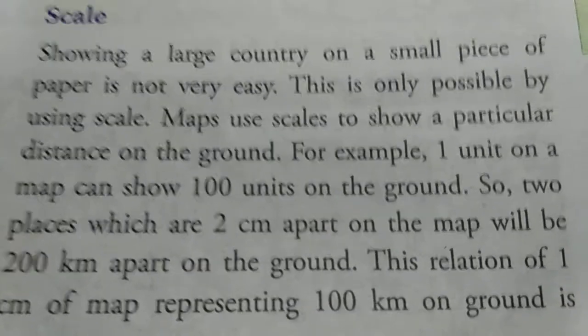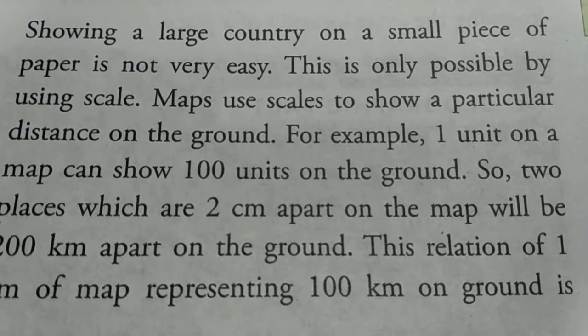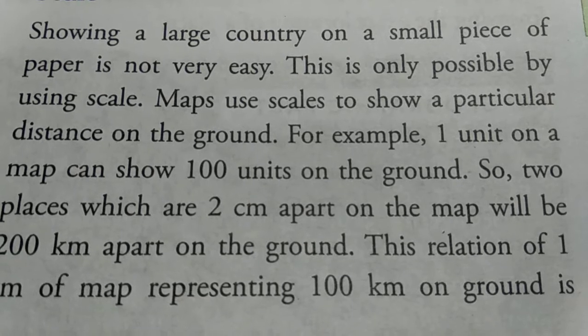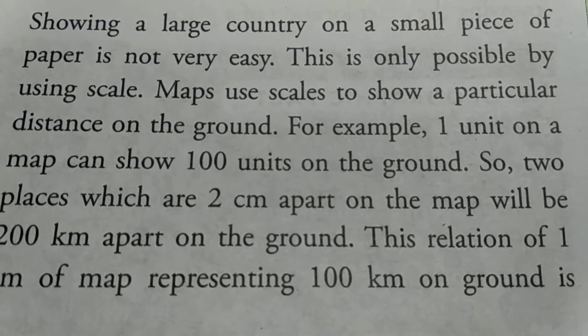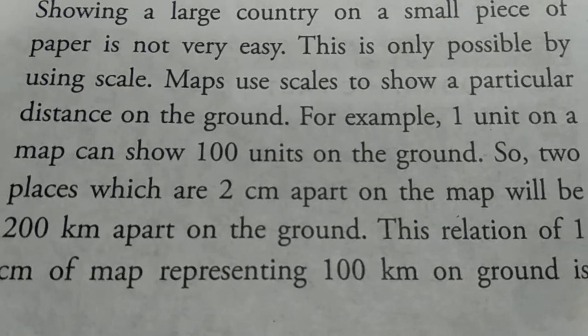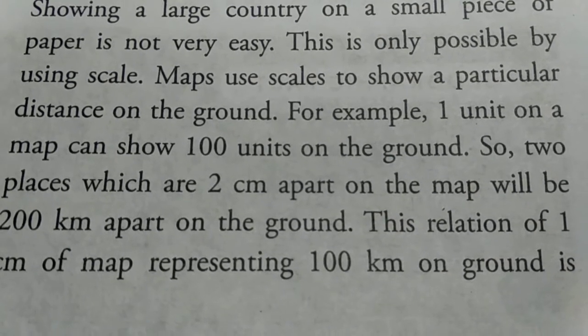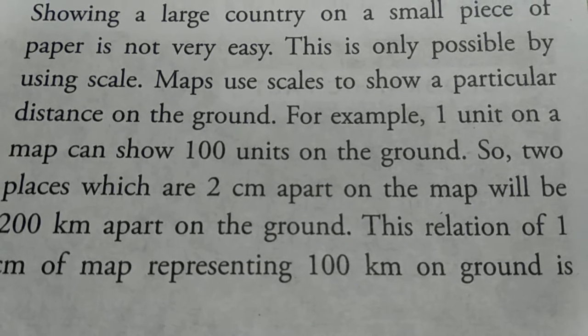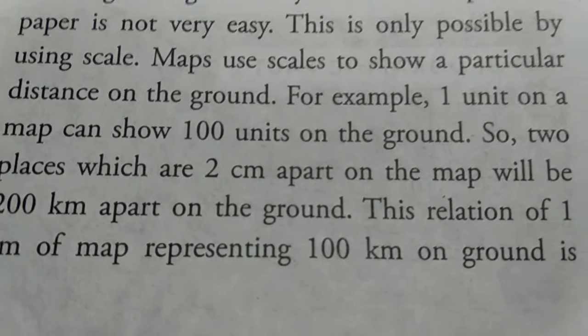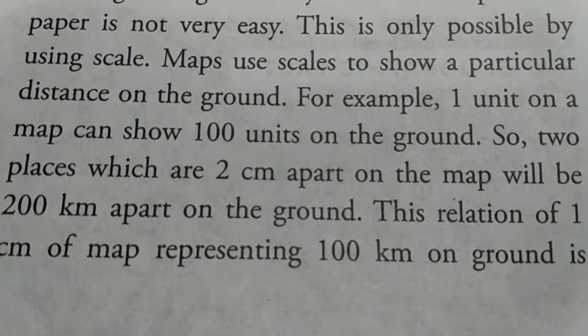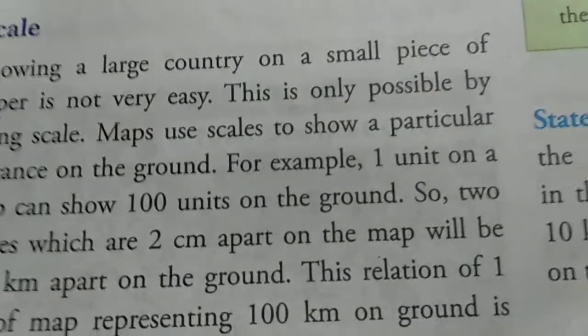If in the map I am showing 1 unit, then originally it is 100 units. For example, if on the map it is written 1 centimeter, then in original it will be more than 1 centimeter, it will be 100 kilometers. So this relation of 1 centimeter on the map representing 100 kilometers on the ground is known as the scale of the map.